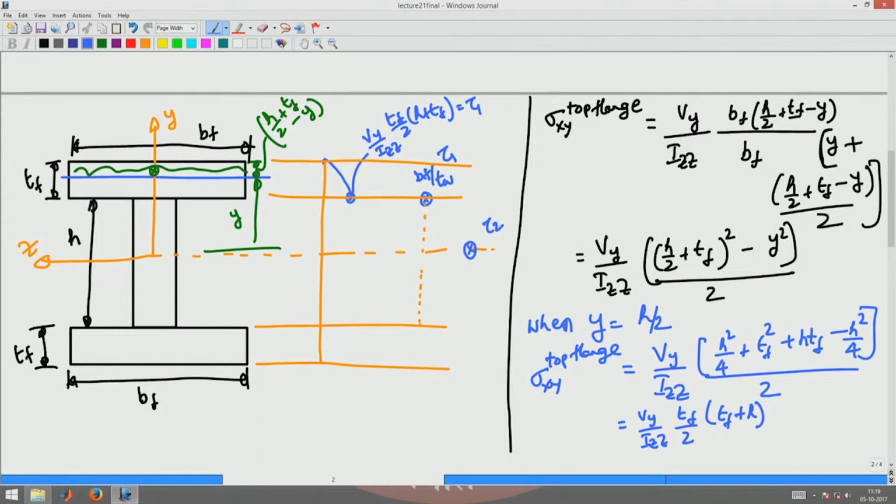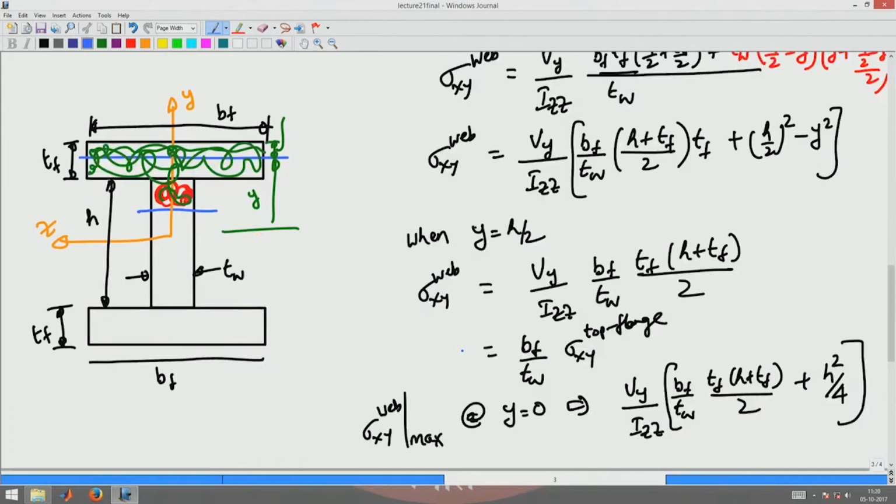So, the variation is like this, and you can see from symmetry you will get it back like that, and this is something there. You will see now I am drawing this bottom portion of it, this will be tau 1, this point would be Bf by Tw into tau 1.